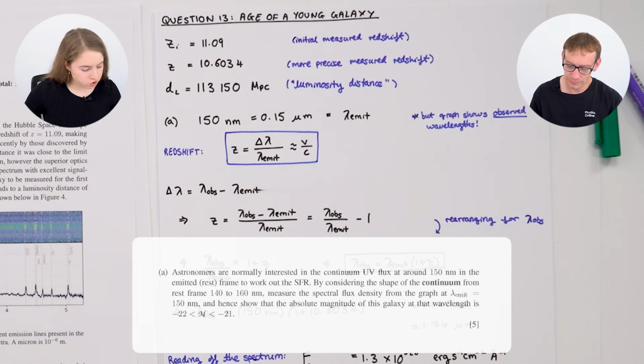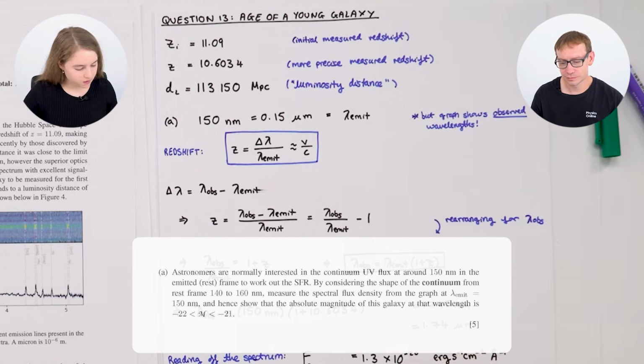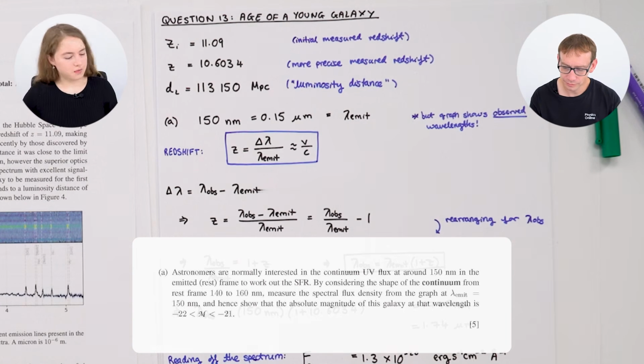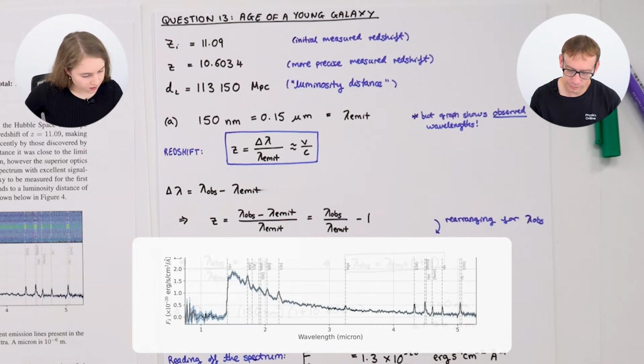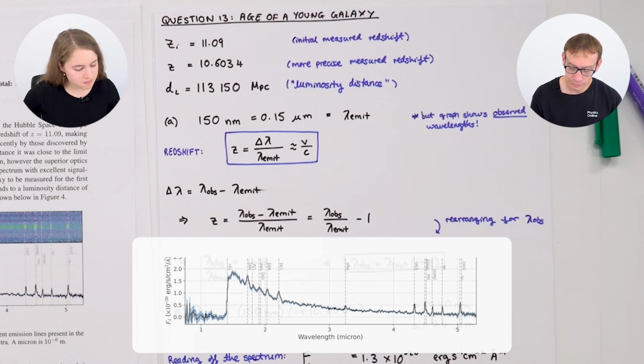And the first real instruction here is measure the spectral flux density from the graph at lambda emit equals 150 nanometers. That's the first thing that they said, do this, work out this. So we go to the graph and we think, well, they said measure the spectral flux density at emitted wavelength, 150 nanometers.